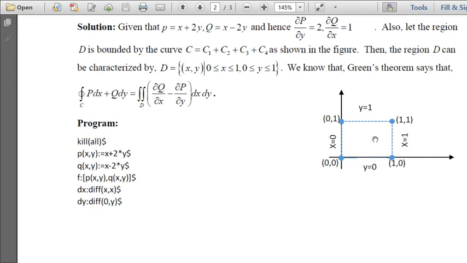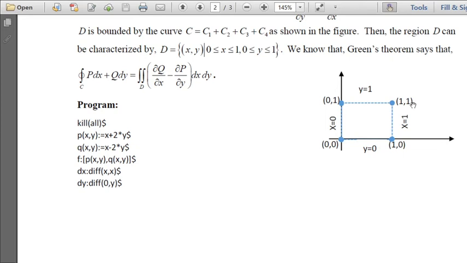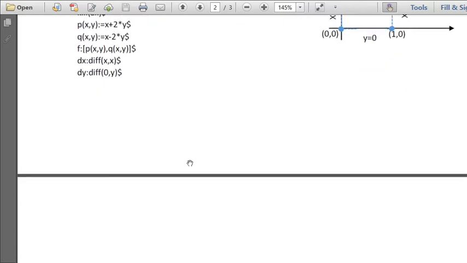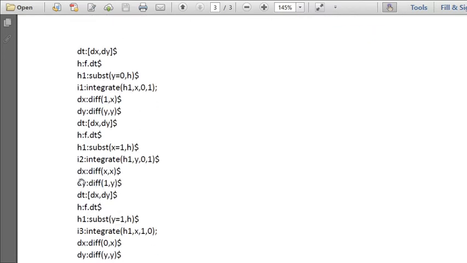Now let's compute the line integral over C3, that is where y equal to 1. That means you have to eliminate variable y. Therefore your dy will be simply equal to 0. Now, you should note that your x runs from 1 to 0. Here your x runs from 1 to 0. So let's compute that one. dx is differentiation of x with respect to x. dy is differentiation of 1 with respect to y.